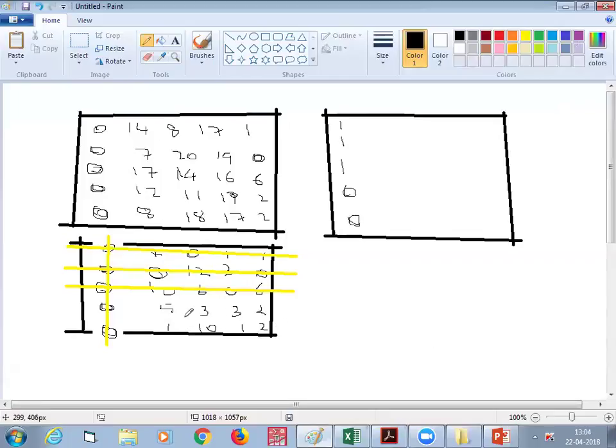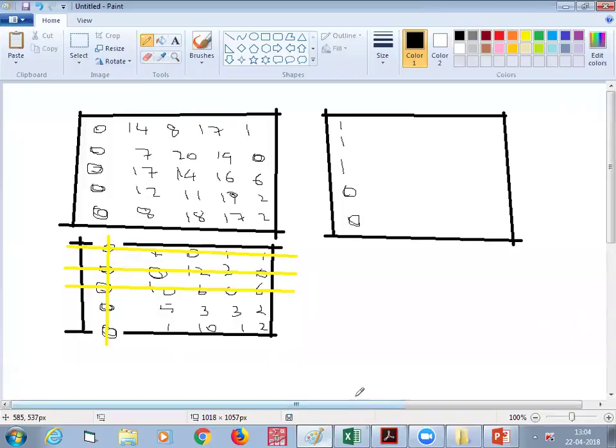In the second matrix, in the second column, I subtract 7 to get this, right? And then you have to do each column separately. So here the minimum is 7, here the minimum is 8, here the minimum is 16, here the minimum is 0.